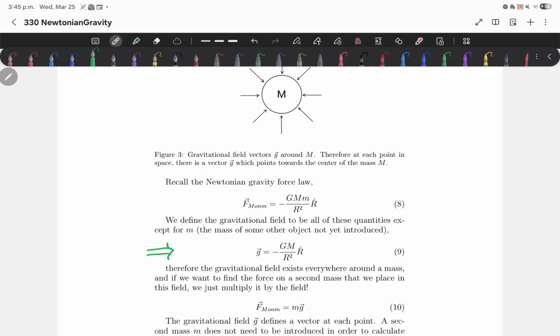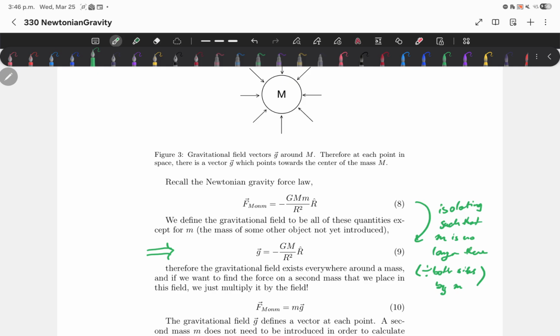Again, the big difference is this negative sign, which accounts for the fact that positive masses attract one another, while opposite charges attract one another. So we need a negative sign to essentially flip the direction of the field vectors given the charge or mass. Why? Well, a negative charge has vectors going inwards. A positive mass has vectors going inwards. We flip it with that negative sign.